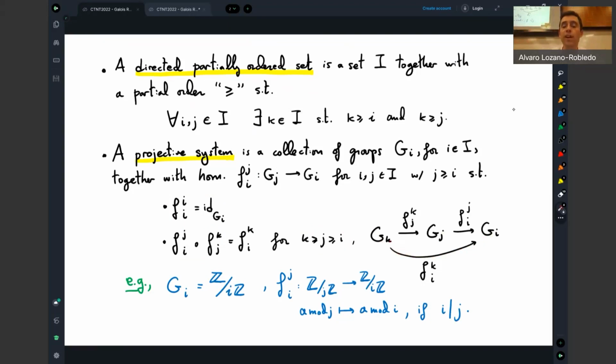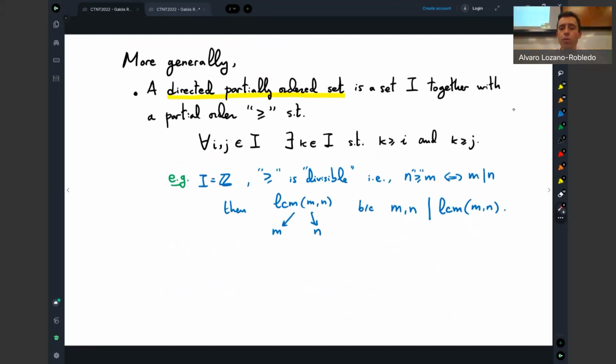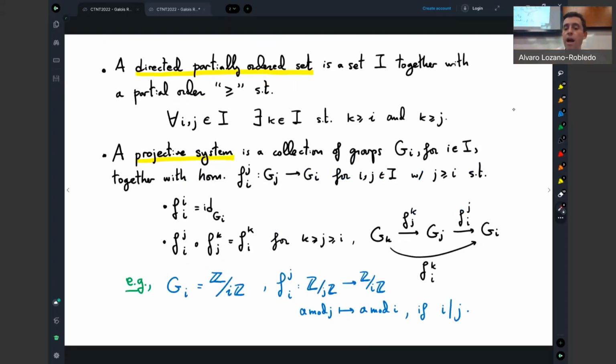For example, you can take your indexing set to be all the natural numbers under divisibility, which is what I did here. I'm continuing with this example. Under divisibility, if i divides j, then there is a map from Z mod j to Z mod i. If they are not related like this, there is no such map.